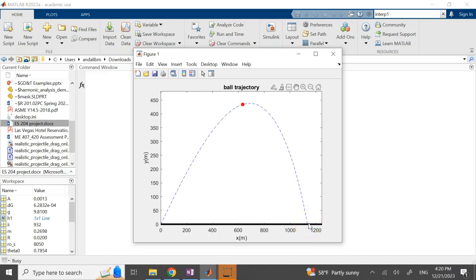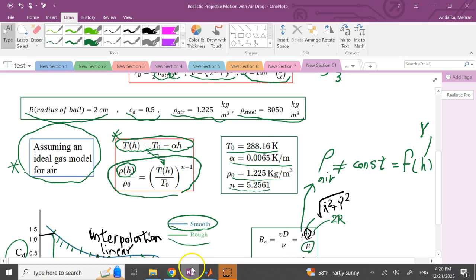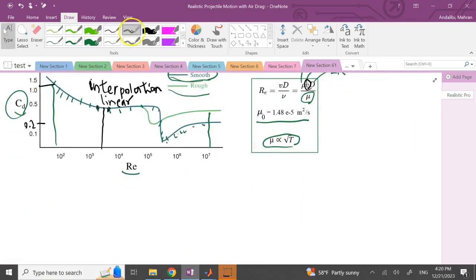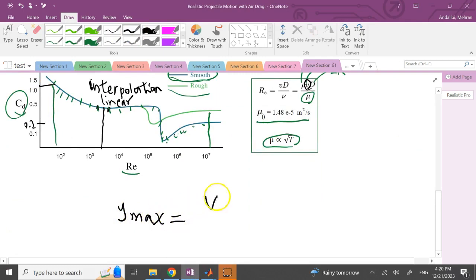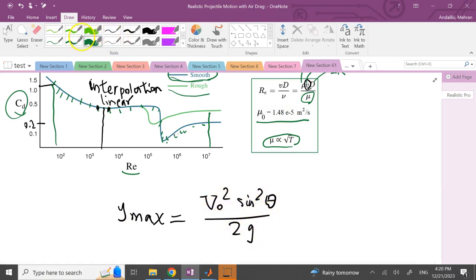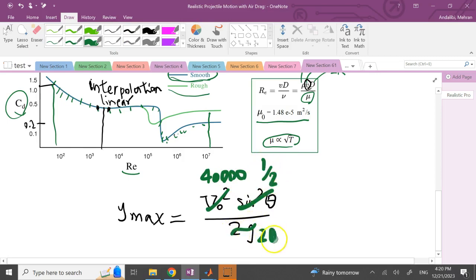Well, if we want to use the theoretical formulas that we had, the climax point, y max, if you remember, is v naught squared sine squared of theta divided by 2g. In this case, my v is 200, so this is going to be like 40,000. This is 1/2 because it's 45 degrees, and this is roughly 20.